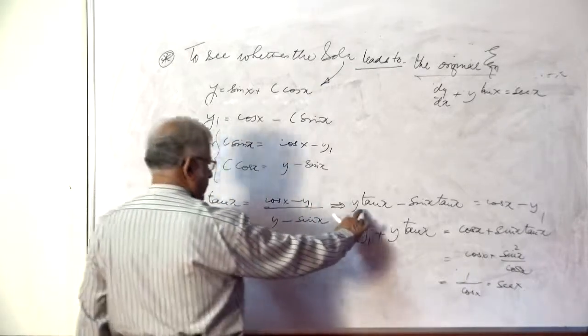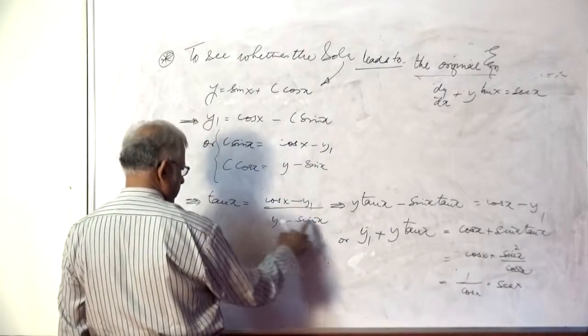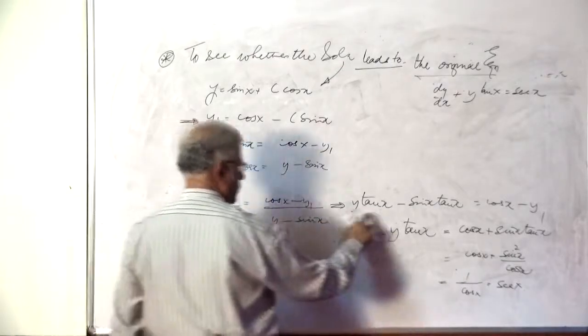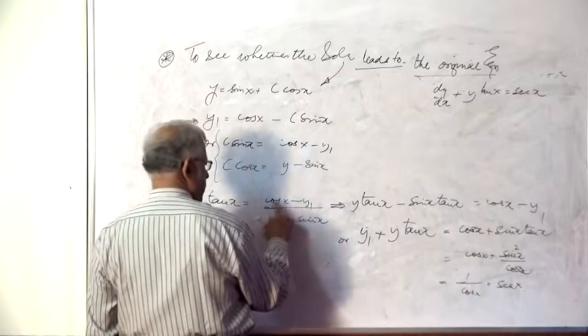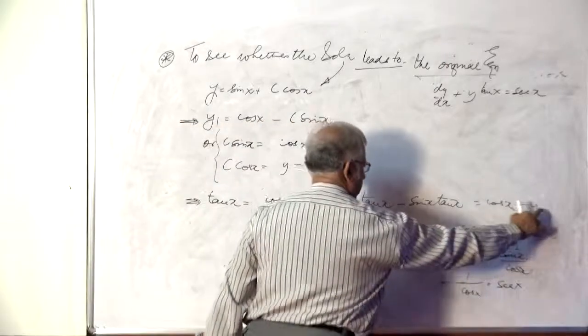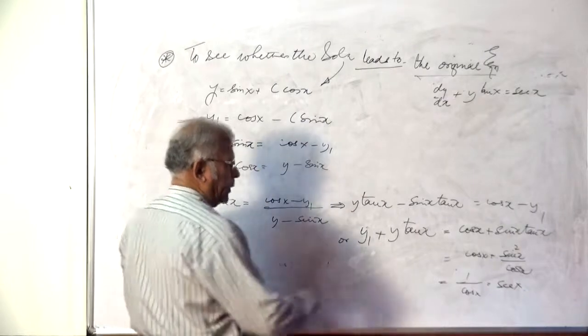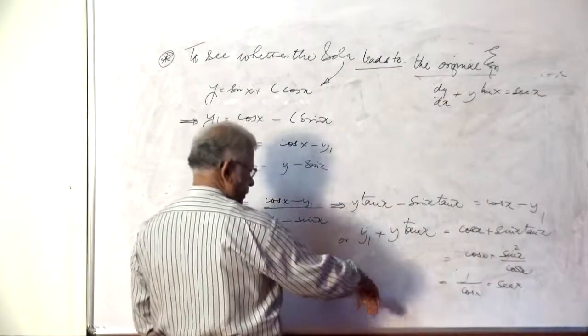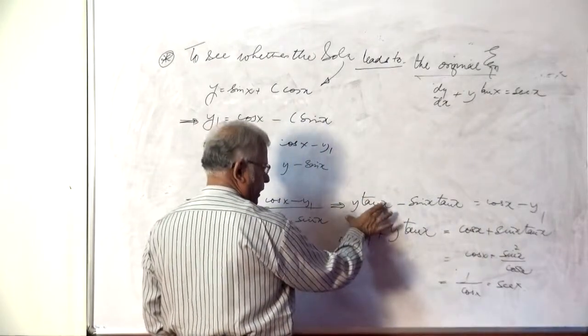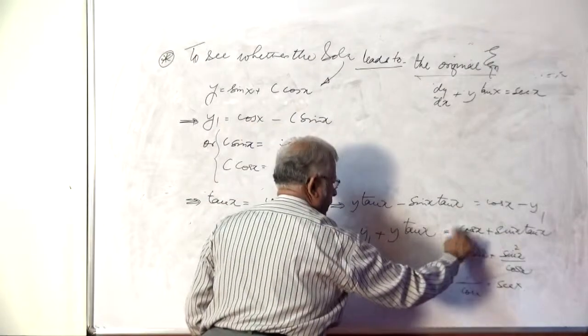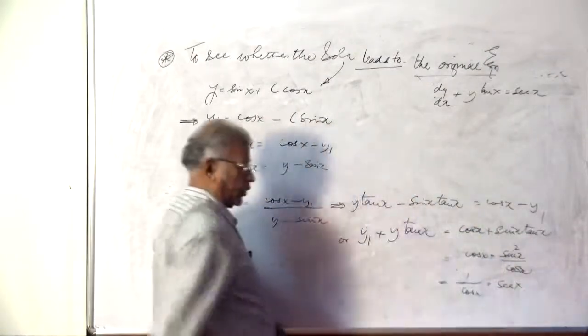This implies y tan x minus sin x tan x is cos x minus y1. Now upon transposition of terms, y1 plus y tan x is nothing but cos x plus sin x tan x.